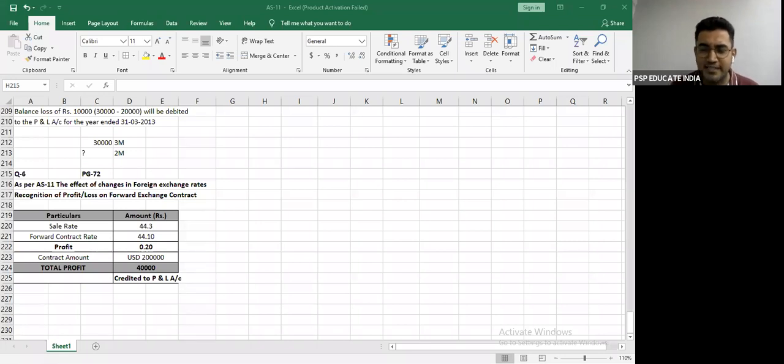Suppose Zaid, you purchase at 60 rupees and you have stock. Because you purchase at 60 rupees and you have stock, even if the rate becomes 80 rupees, you have no problem because you have stock and you have purchased it at 60.